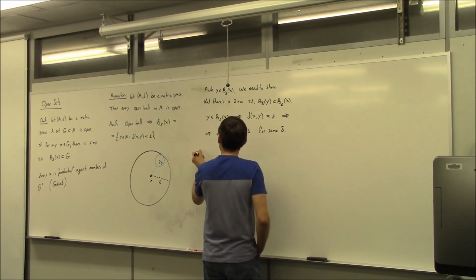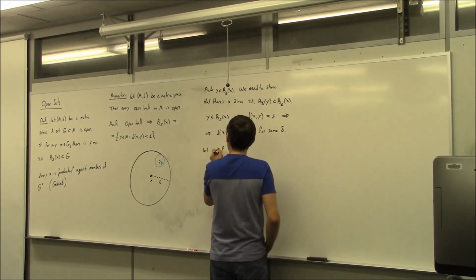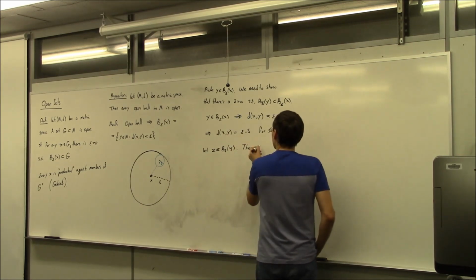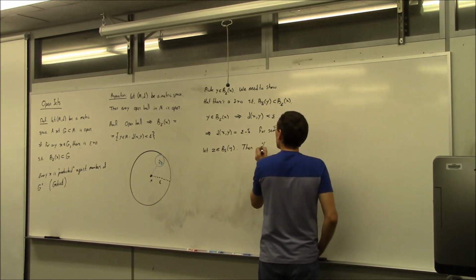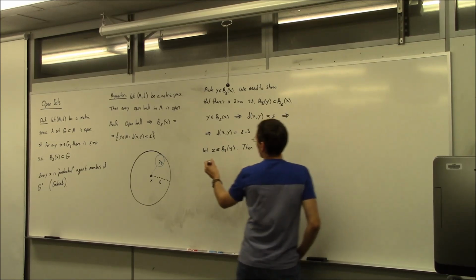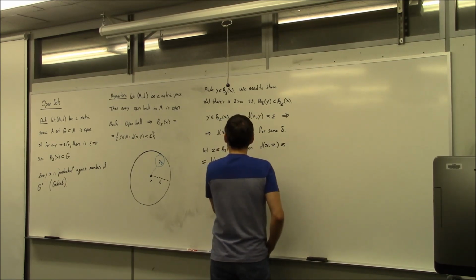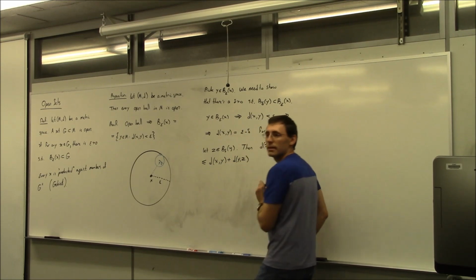Now we let Z be an element of the ball of radius delta around Y. Then the distance between X and Z, by triangle inequality, is less than or equal to the distance between X and Y plus the distance between Y and Z. Make sense?